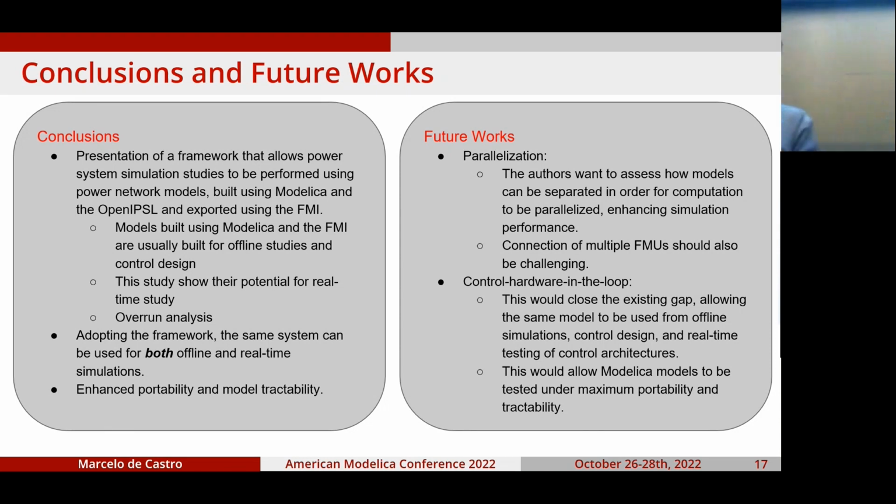And then when we are going to test everything, we do it in real time without any model re-implementation. And even by using this new eFMI, the control part could also be exported directly, so you don't need to re-implement every step. This is pretty good for portability in terms of power systems, which in the present context don't have much portability and traceability.